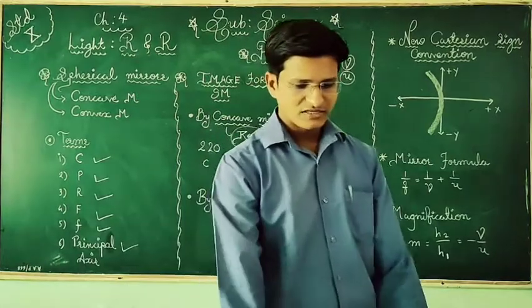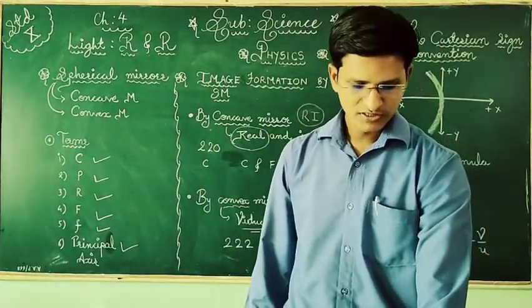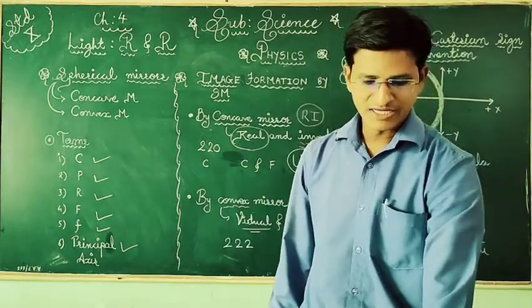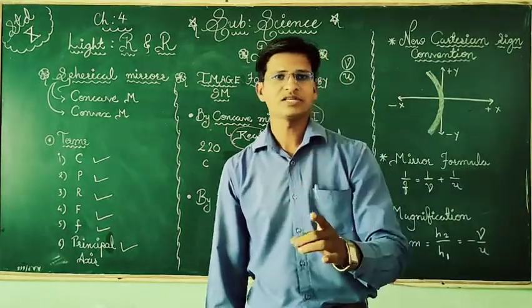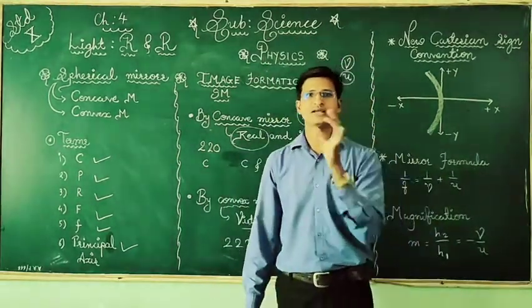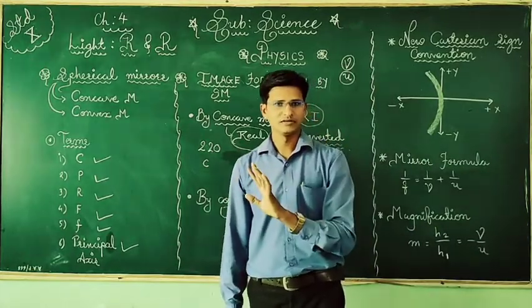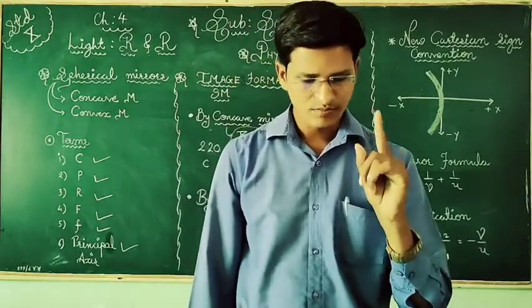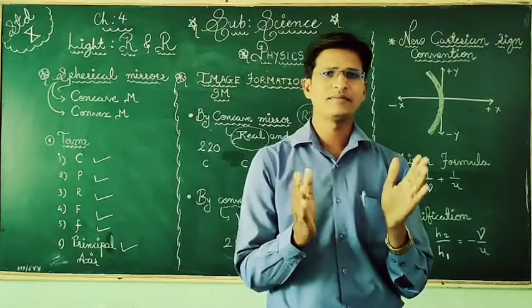It is mentioned that at infinity, the position of the image is behind the mirror at the principal focus, and the nature of the image is virtual and erect. Many times I have repeated these words: virtual and erect, real and inverted. So virtual and erect for the convex mirror, and the size of the image is highly diminished, meaning very small.